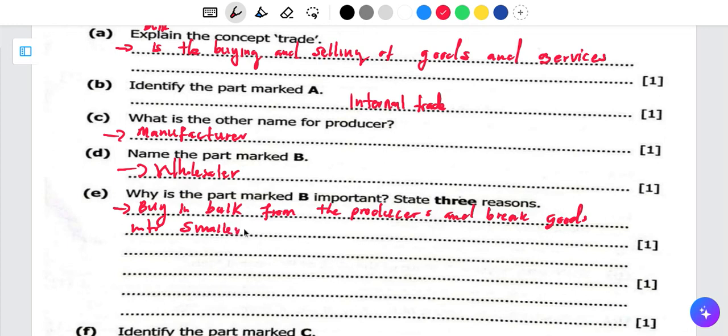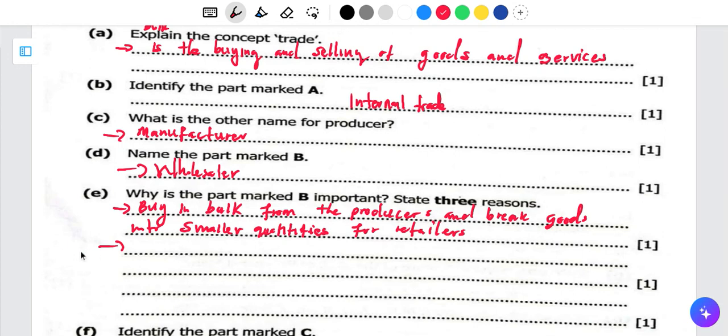I think that one is very simple to understand. Let's say, for example, I don't know how many 2 kg sugars are in that same big one that they buy, so they're going to buy the same thing. Then the retailers are going to sell one by one to the consumers.